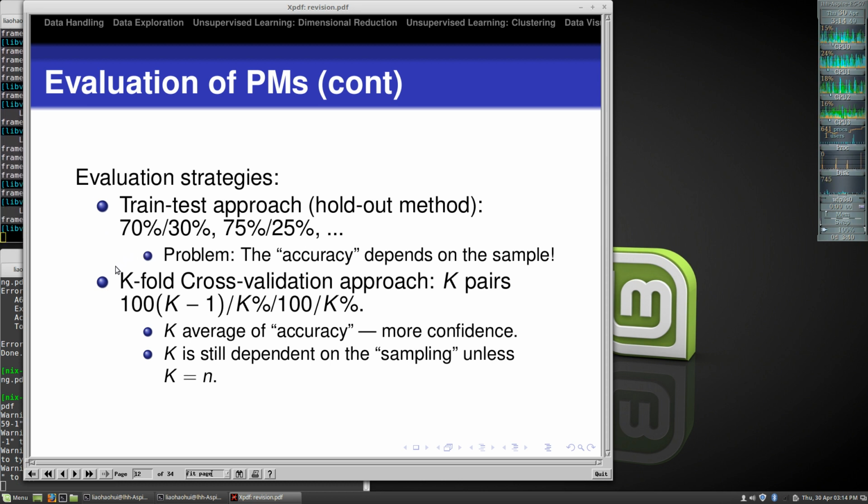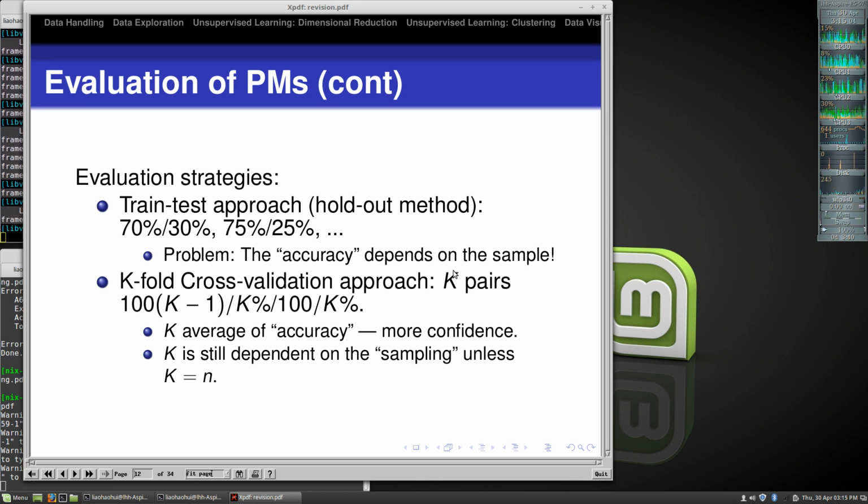In statistics, the proposed approach is to perform a k-fold cross validation.